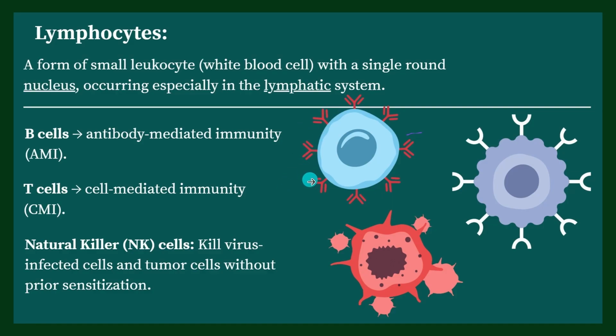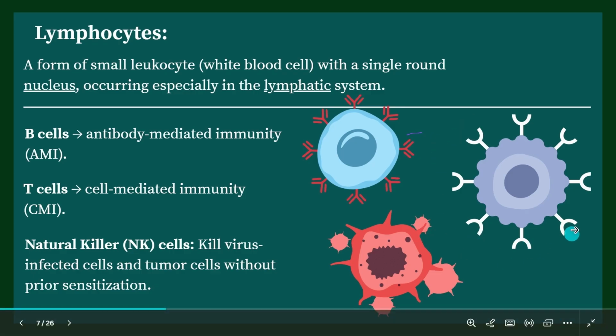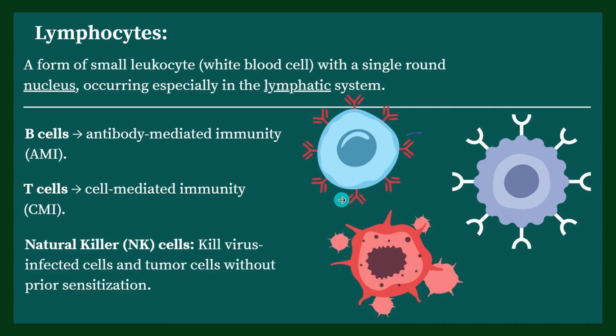But basically, T cells and B cells have these prongs around them that identify the bad guys in your immune system and mark them, and they will memorize them, and then they will kill them or mark them for destruction.